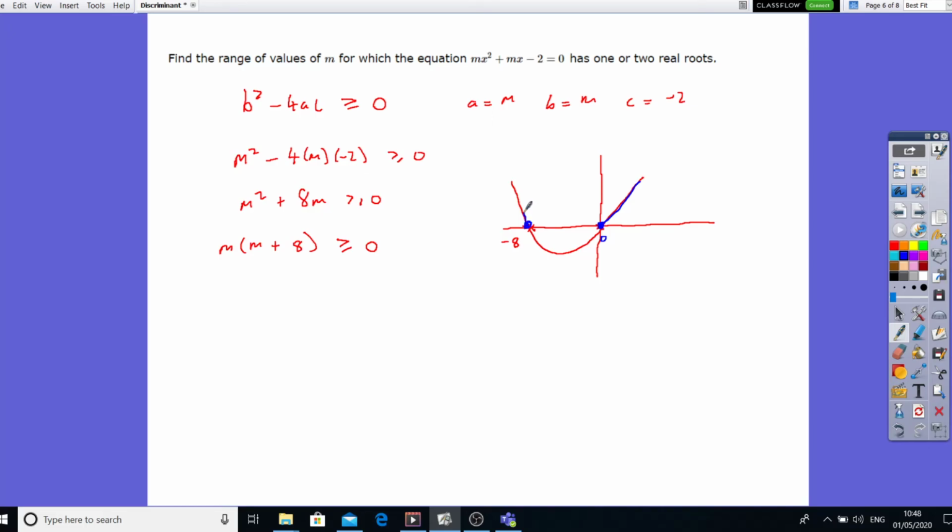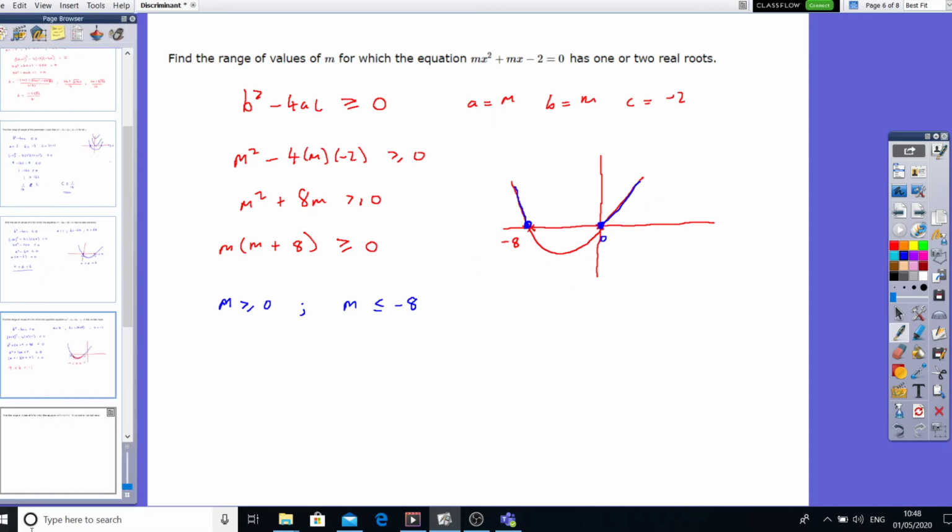That's where it's equal to, and therefore it's above. So in this scenario, we want m greater than or equal to 0, and we want all the curve for which m is less than or equal to -8. We want everything which is less than or equal to -8, and everything where m is greater than or equal to 0.